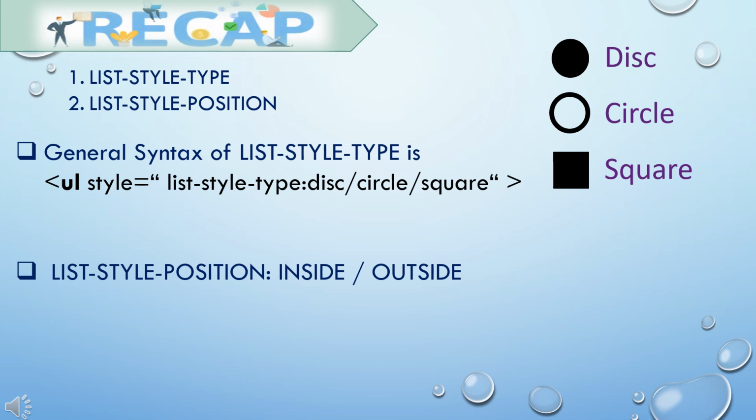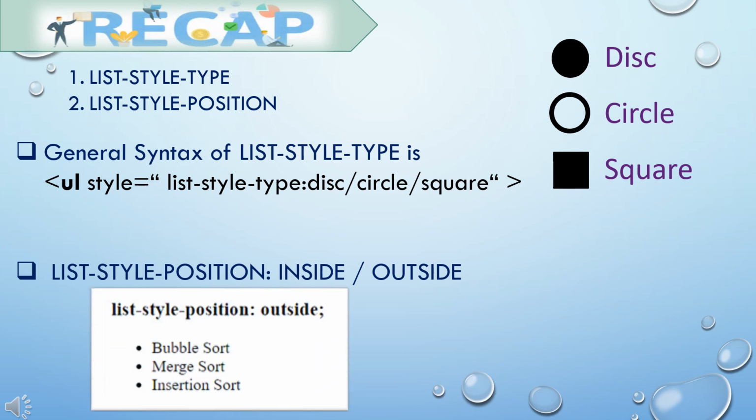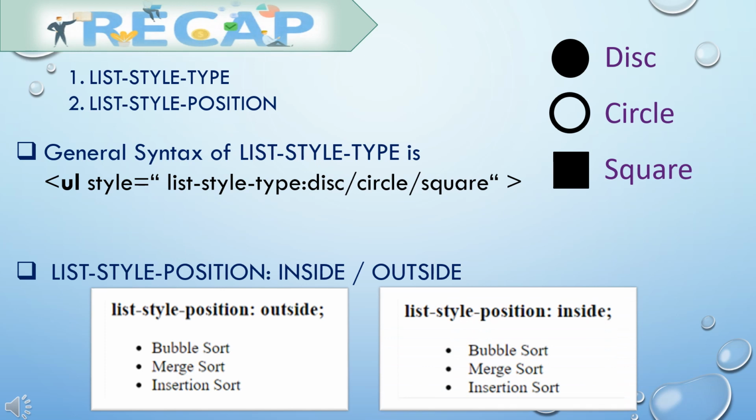The list style position property is used to specify the position of the bullet symbol with respect to the list item's border area. The values that we can assign to list style position are: Number 1, outside. This moves the bullet point outside of the list item border area.